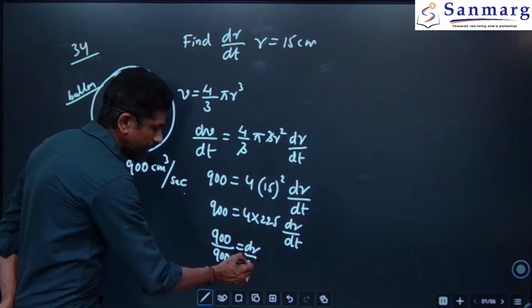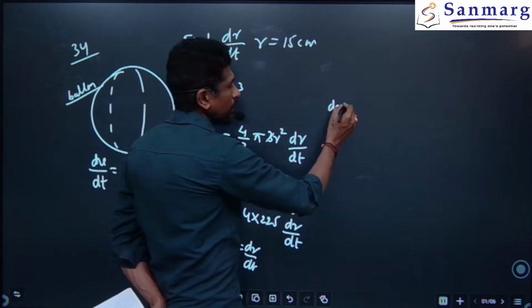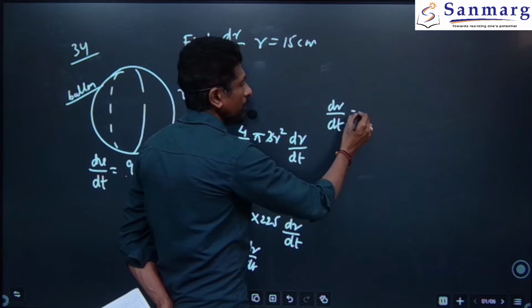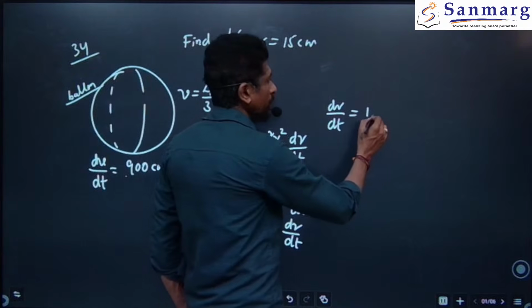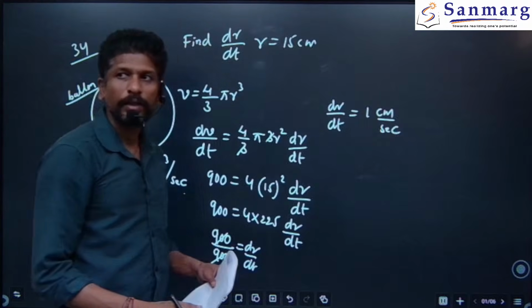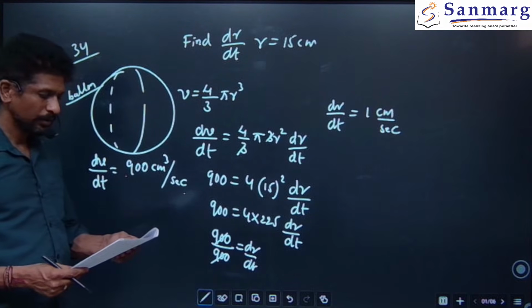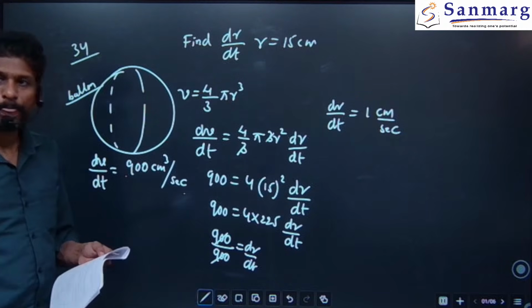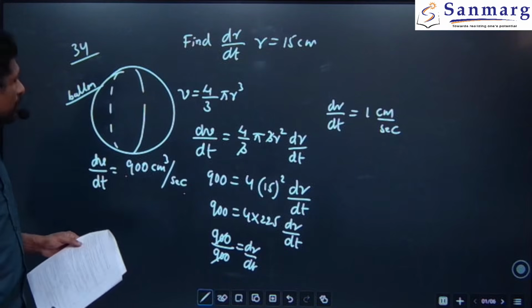The dr by dt becomes 1 here. So the last answer is the rate of change of the radius with respect to time is 1 centimeter per second. The radius is increasing by 1 centimeter per second. So this is the rate of measure formula. The fifth one done. Similarly, I will go next.